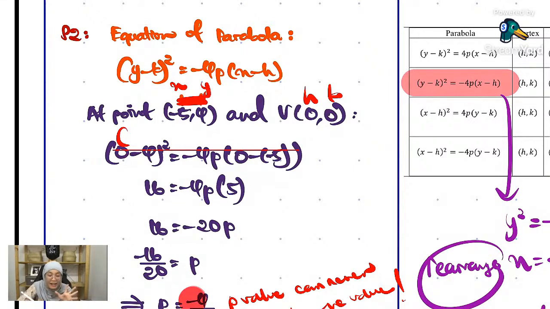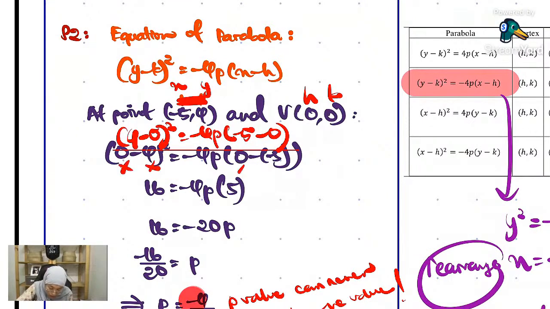So my x and y should be 4 minus 0 squared equals to negative 4p. Hang on. Negative 4px, which is negative 5 minus 0. Yeah, so negative 5 minus 0. Saya terbalik.